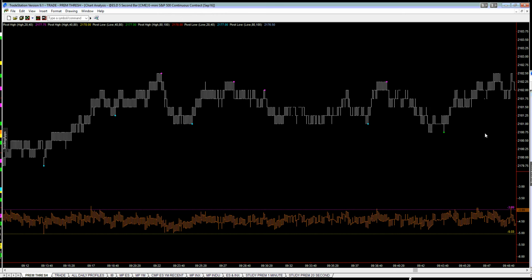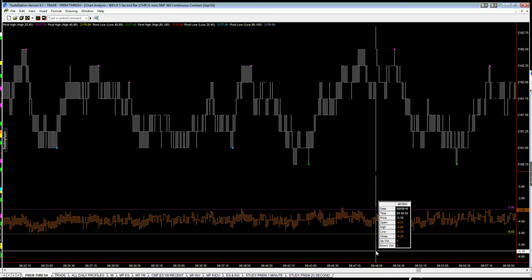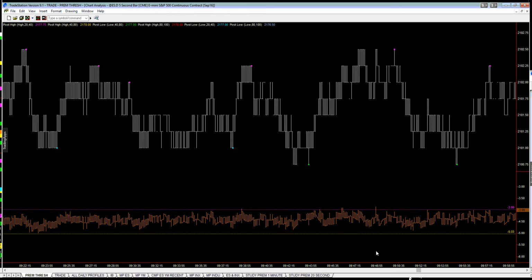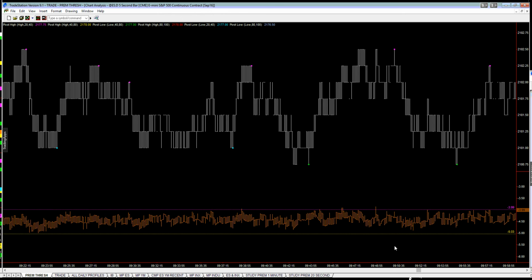And then once again, we get this divergence until finally right there, let's move that forward a bit. That first bar of that move above the upper threshold, and then again that's tested below the upper threshold. Down we go again.